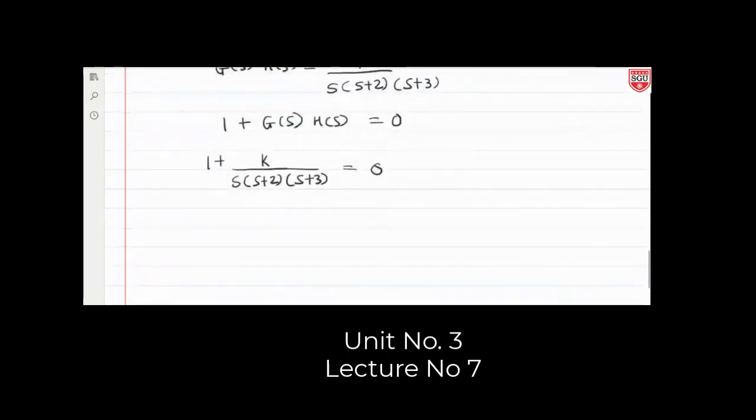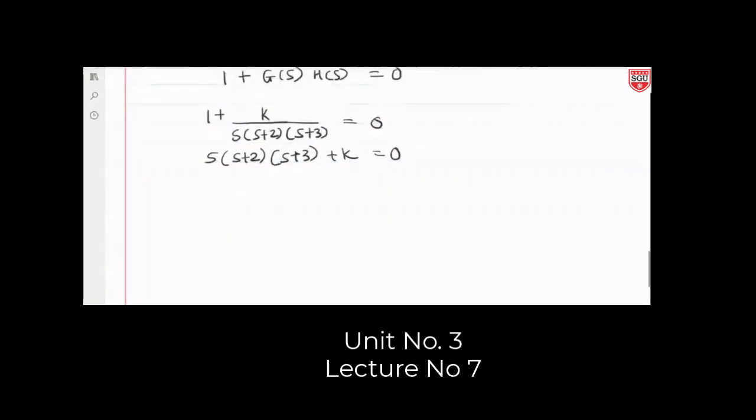So what will you get by making the cross multiplication? s into s plus 2 into s plus 3 plus k is equal to 0. Then again making the simplification, s into bracket s square plus 5s plus 6 plus k is equal to 0.